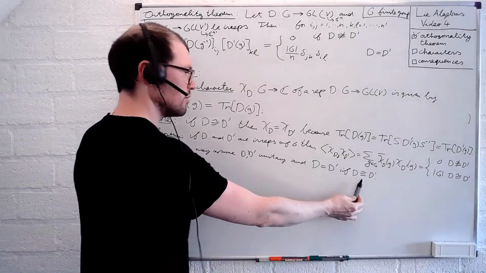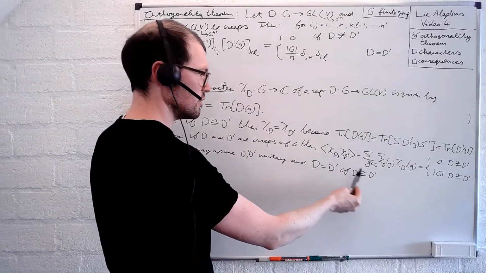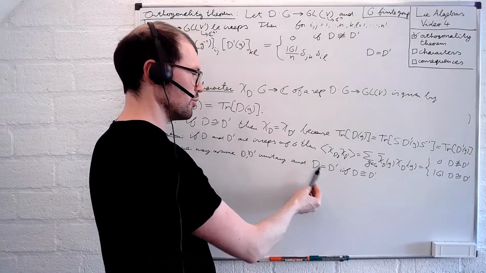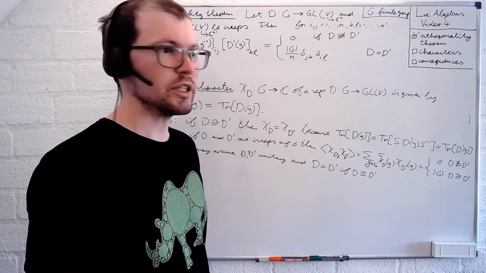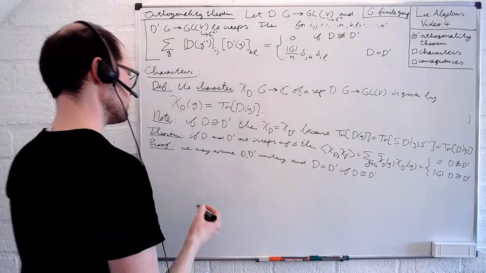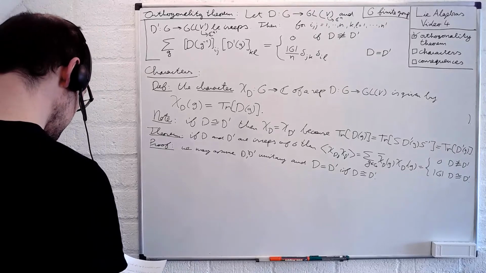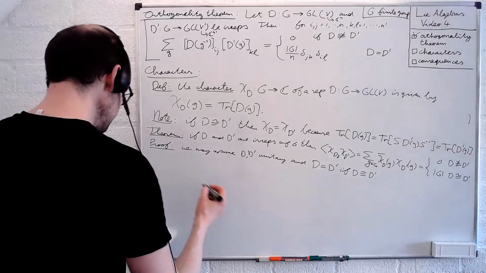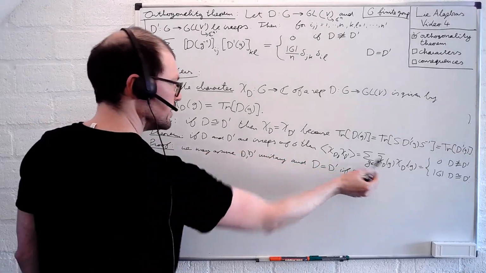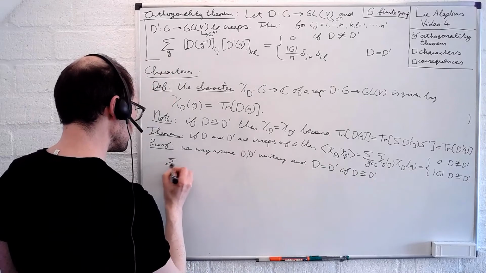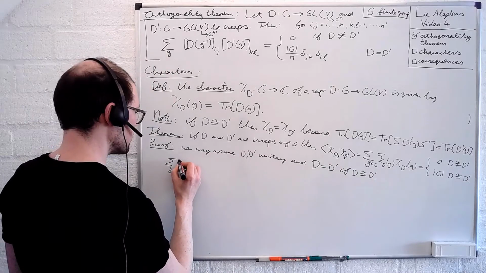Suppose that they are equivalent, then I know that their characters will be identical, so I may as well just start with two identical representations. So then this particular inner product is given explicitly.